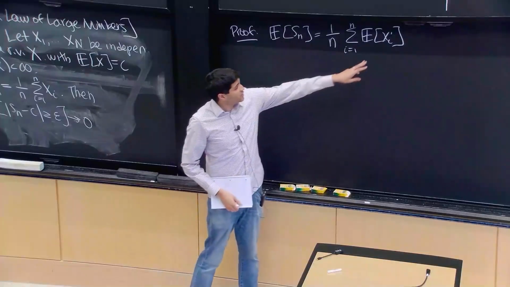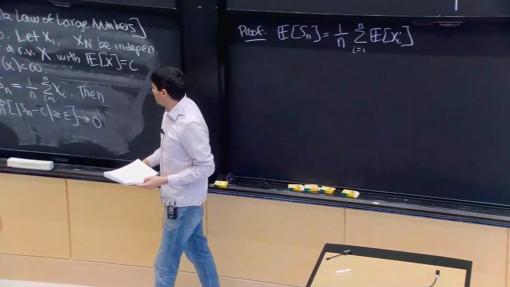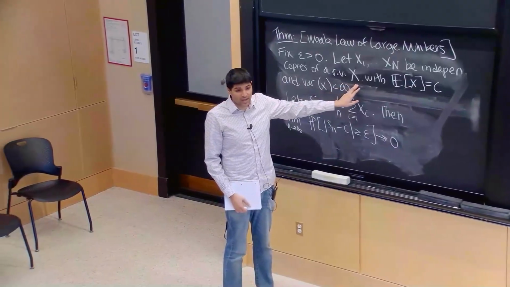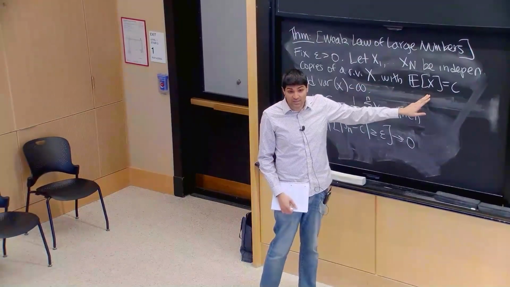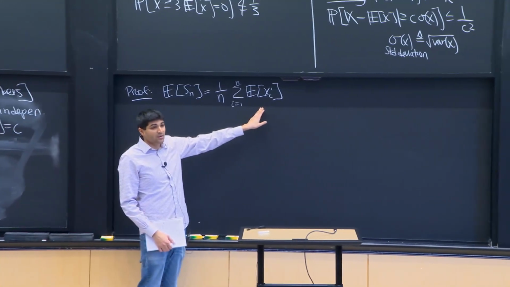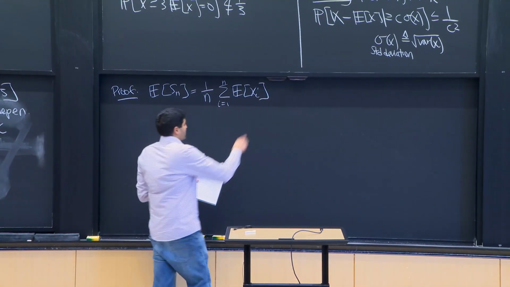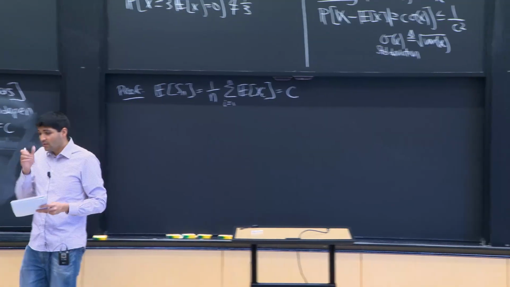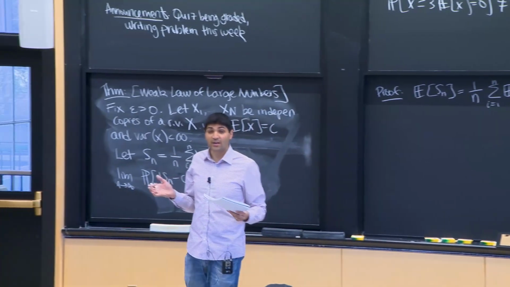Because each of these xi's are assumed to be independent copies of this fixed random variable x, whose expectation is c, I know that each of their expectations is c, so when I average their expectations, I get the same thing back again. I get c, right? So this is just a basic sanity check.